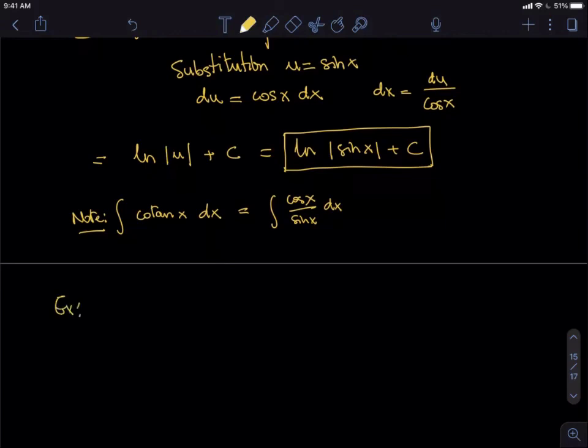One last example. The integral of the tangent. Have you noticed that we have seen the integral of the sine, the cosine? There are so many that we have seen, but the tangent we haven't seen yet. Why is that?